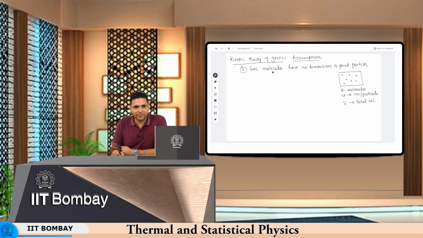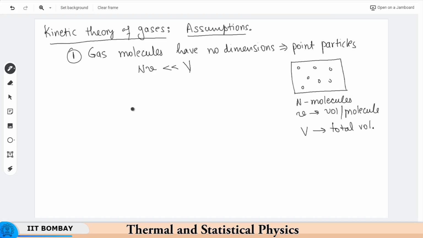This assumption tells you that the total volume occupied by these molecules is much smaller than the total space they are occupying. So, we are just assuming that these particles are very tiny compared to their intermolecular distance.